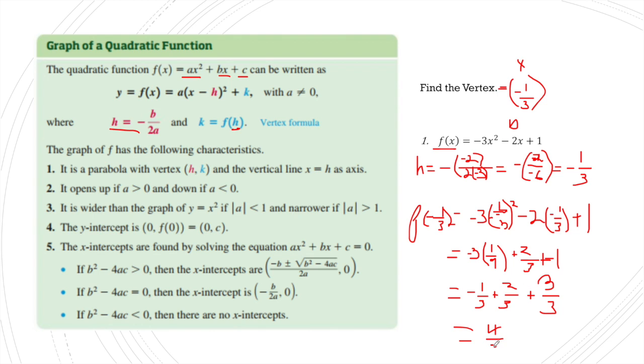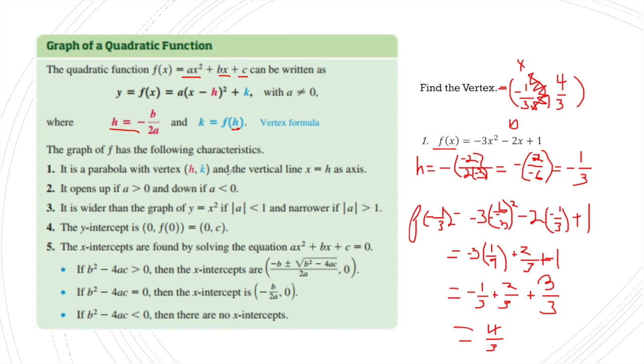My answer is going to be 4/3. So my vertex is when x is -1/3, and then y, when we want to write this as an ordered pair, is 4/3. You can just ignore this extra parenthesis right there. I'm not quite sure why I put that in.